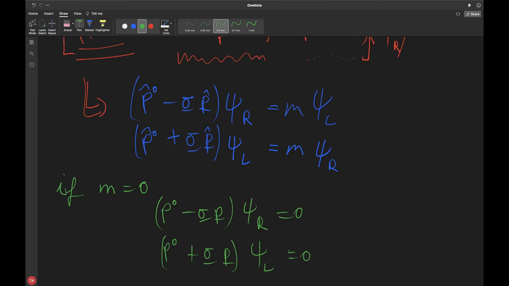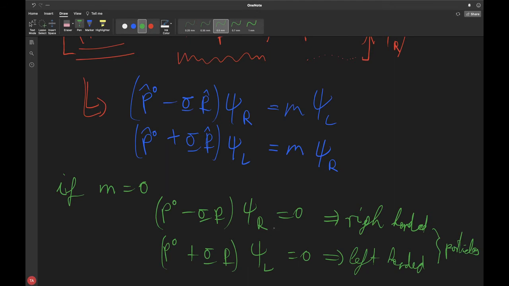That kind of means that there are two kinds of massless Dirac particles, and one of them is called the left-handed, and the other is called the right-handed particle. So this leads to left-handed, right-handed. This is the right-handed, and this is the left-handed. And they don't really seem to be speaking to each other when they are massless.